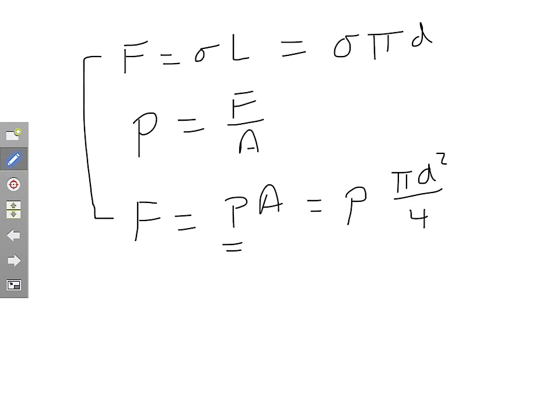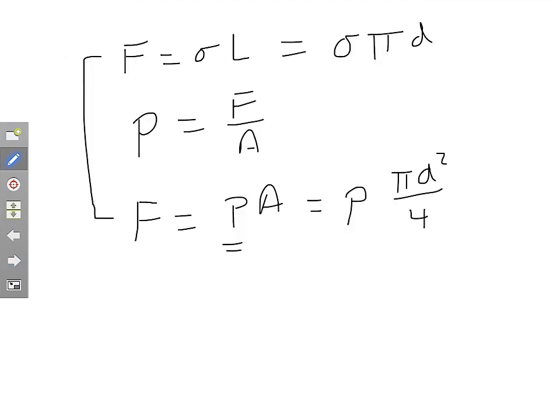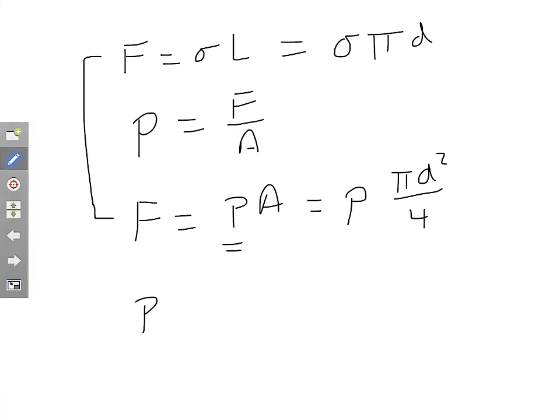As I showed you before, this is example 2.4 in the book. I'm going through this quickly, but you can read this in the chapter. So if we set these two things equal, we have pressure times pi d squared over 4 equals sigma pi d.